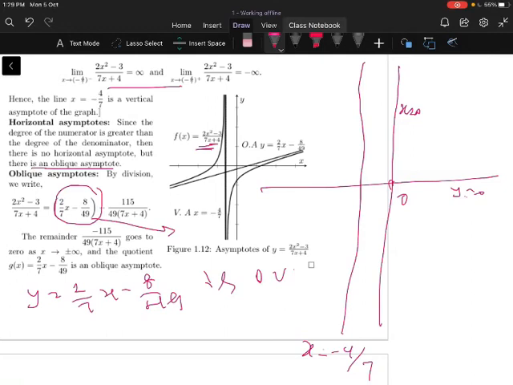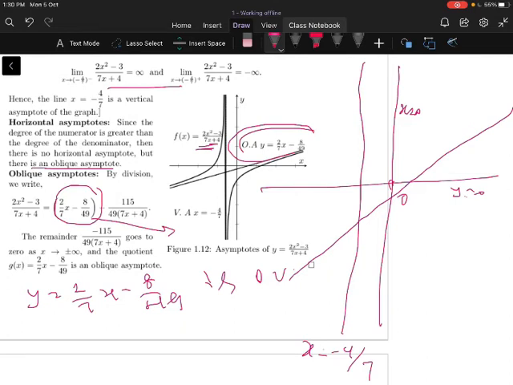We have the oblique asymptote, which is a straight line. One can write like this, when x = 0, y = -8/49. So I think this will pass through somewhere here. So this is the oblique asymptote. One can draw this by putting in x values: x = 0, just plot the point, x = 1, like this, x = -1, like this. One can plot the oblique straight line for this given function.